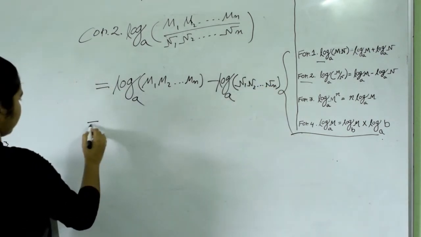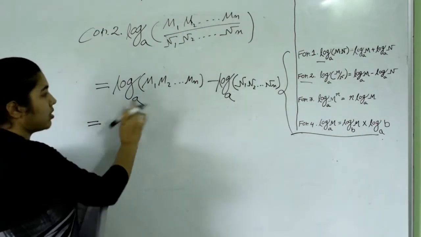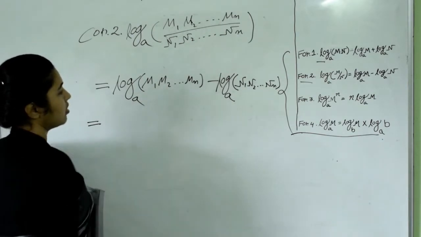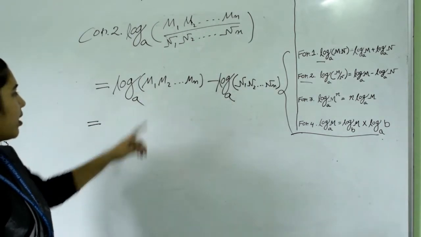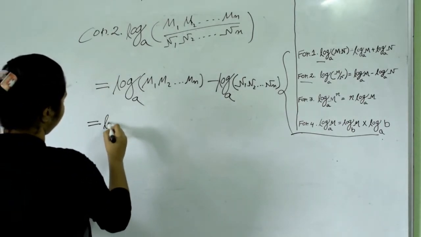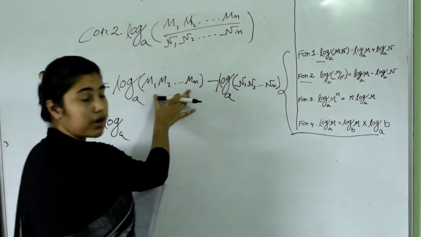Now look at this first term. Here the base is a and the value is m1, m2 up to mn. So apply corollary 1. So by corollary 1 we will get log a up to finite number of terms.